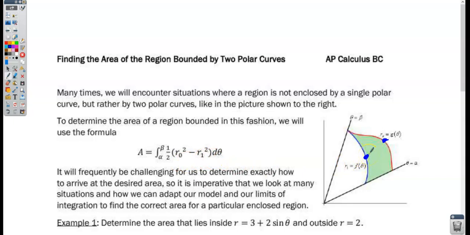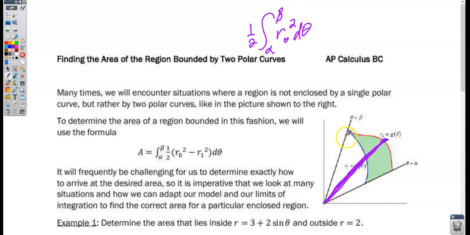So if you imagine what's going on here, in reality, you're taking this radius here, the outer radius, and you are finding 1/2 the integral from alpha to beta of r sub 0 squared d theta.